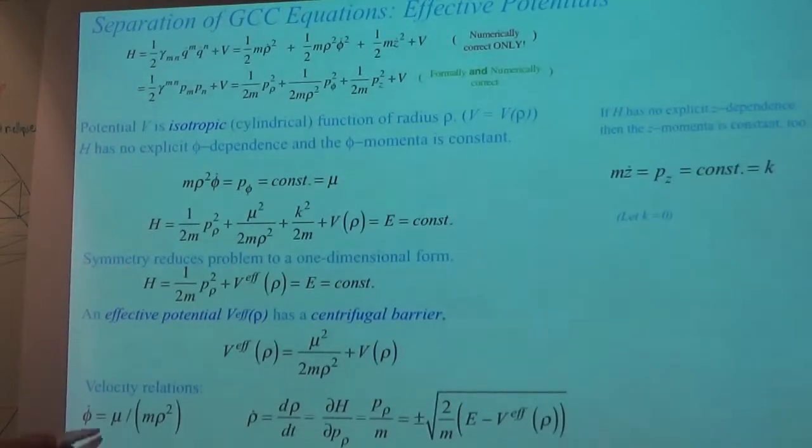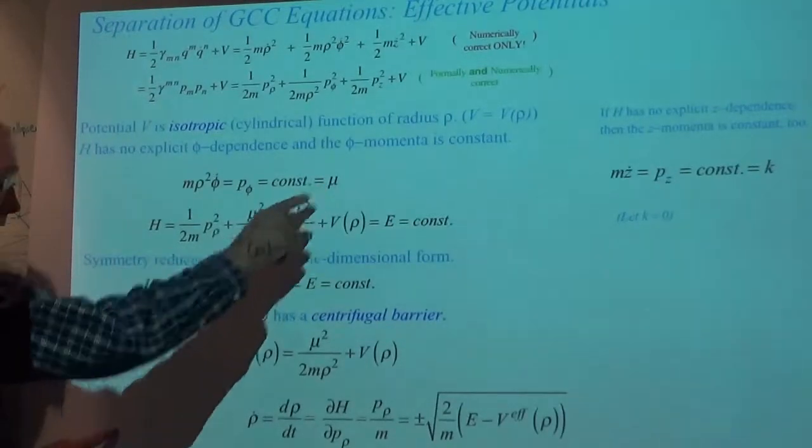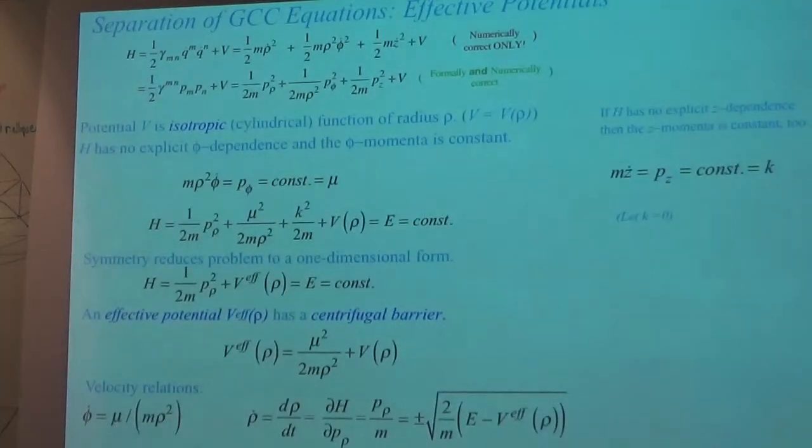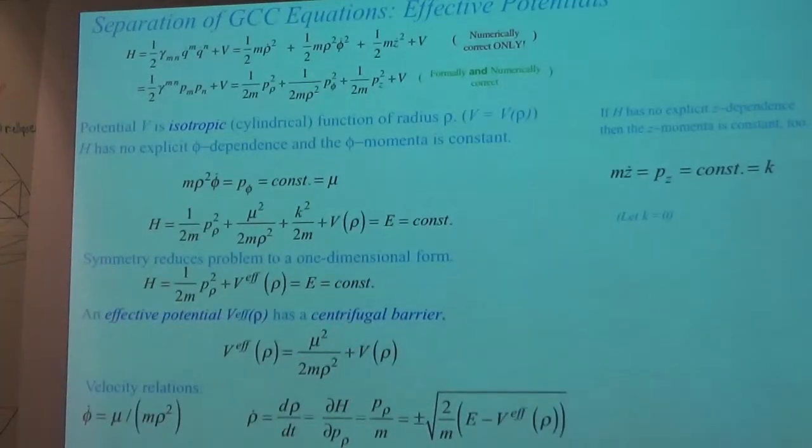Obviously this would be infinite if I were to take rho to be 0 while having an angular momentum mu that was supposed to be constant. So the centrifugal barrier is basically keeping that from happening.